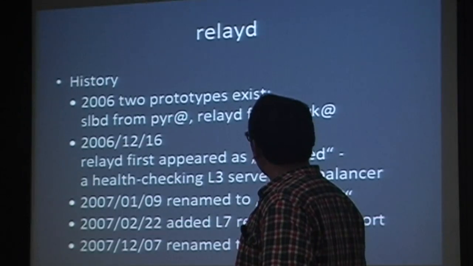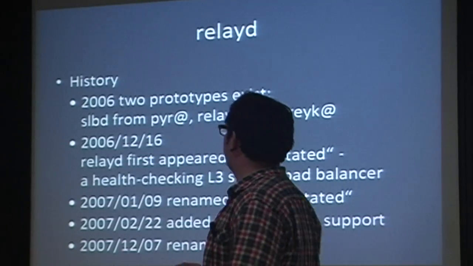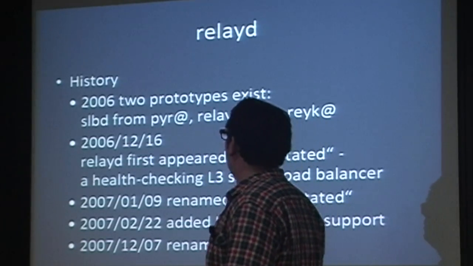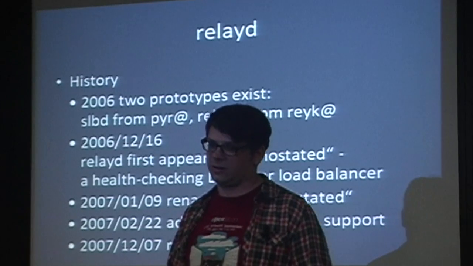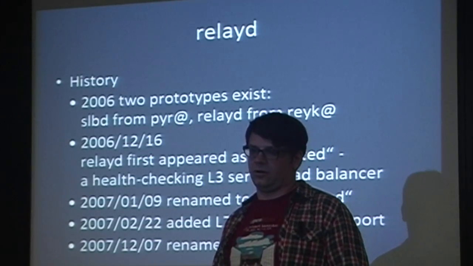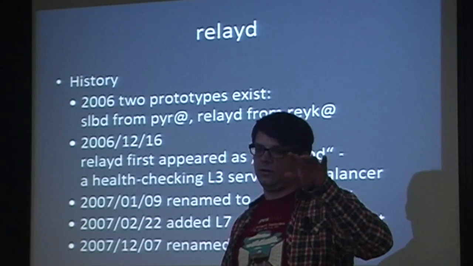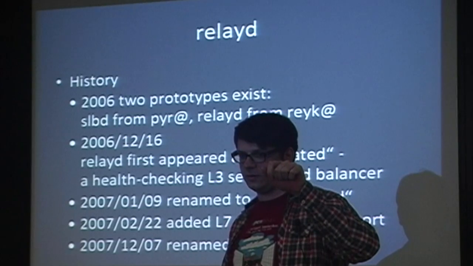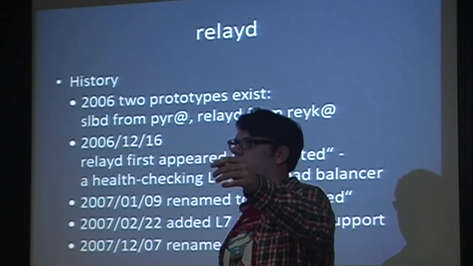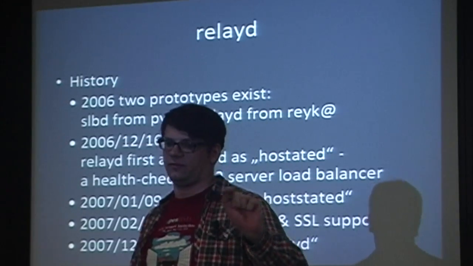So, the history of RelayD is, in 2006, I actually wrote a prototype that I called RelayD. The point of it was to do health checks on servers in the network, and then, based on the health check results, load the IP addresses in a PF table.